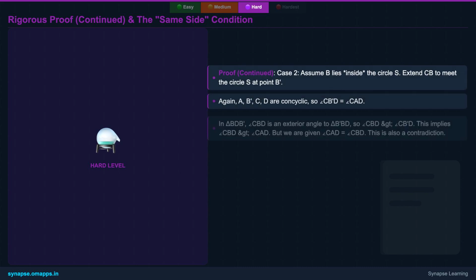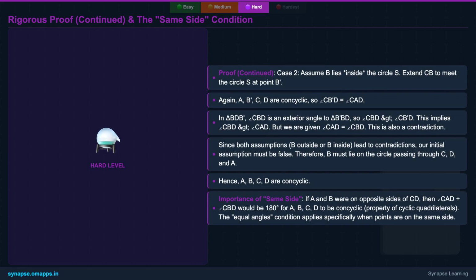Continuing our rigorous proof, we now consider the second possibility for point B. What if B lies inside the circle S? Again, we draw a line from C through B, extending it to meet the circle S at point B'. As before, A, B', C, D are concyclic, so angle CB'D equals angle CAD. However, in triangle BB'D, angle CB'D is an exterior angle, which means it must be greater than angle CBD.